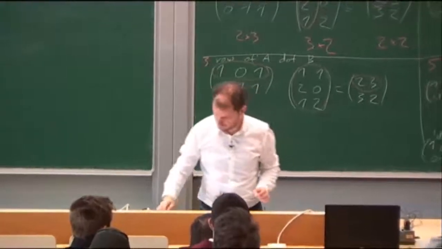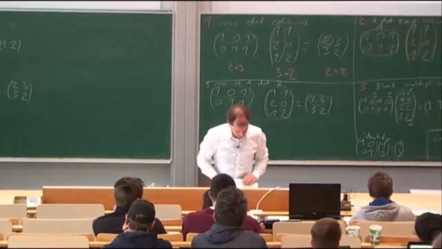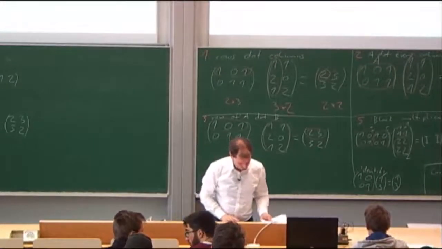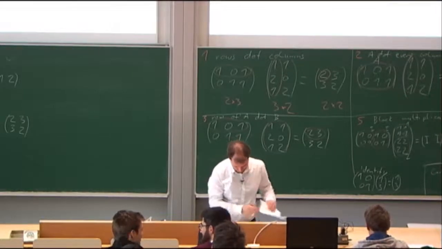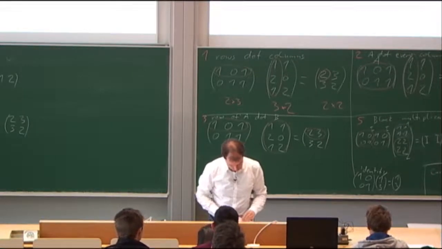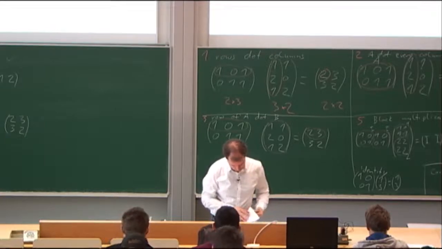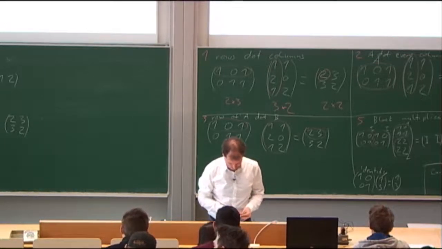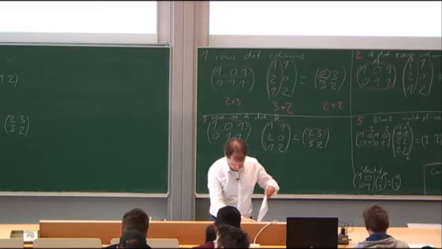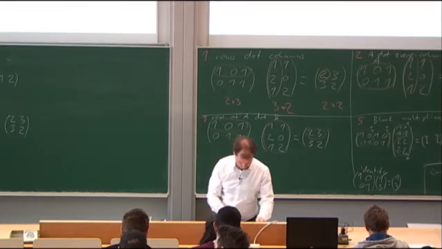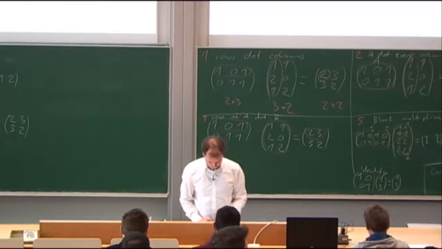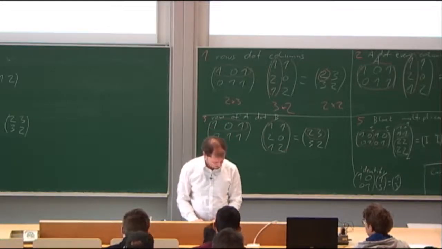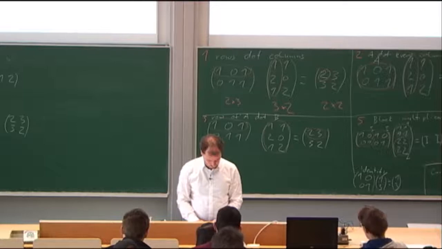Okay, so that was the repetition of intuition on matrix multiplication. And let's just quickly implement that in Python. So if we want to implement that in Python, we import numpy as np, as always.